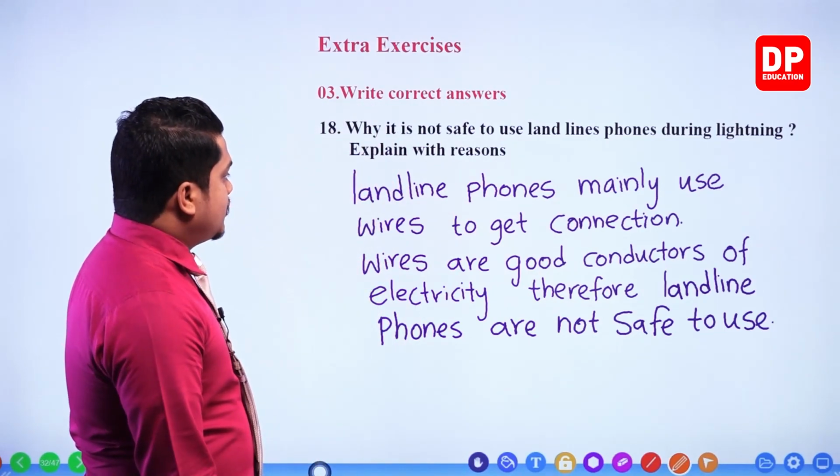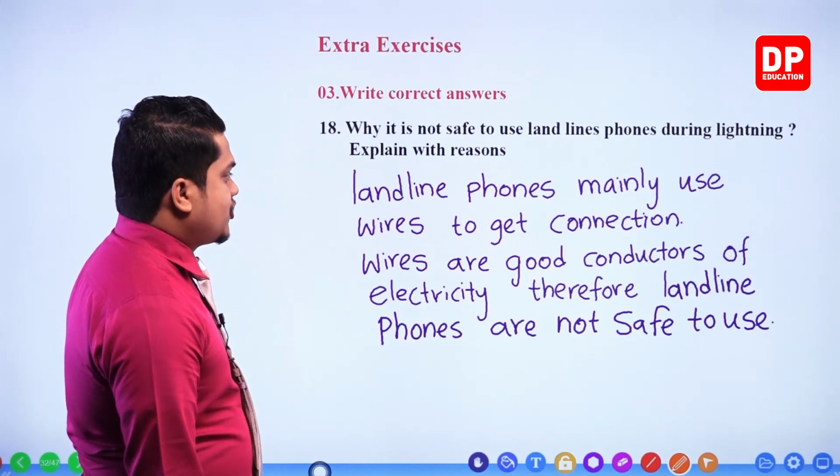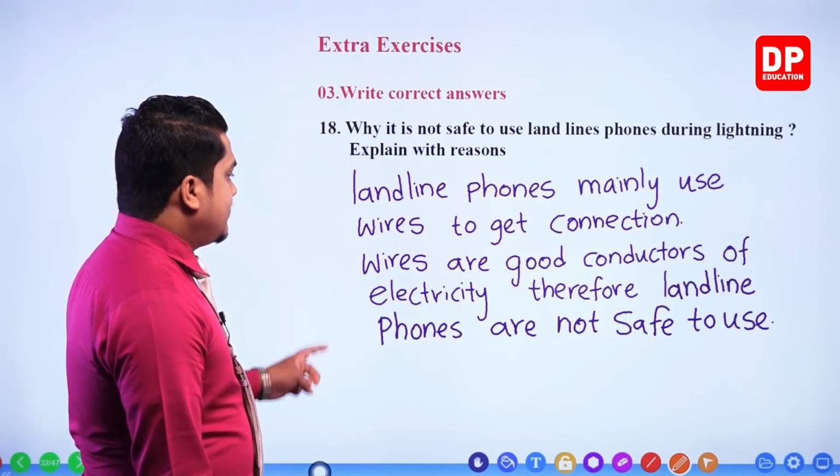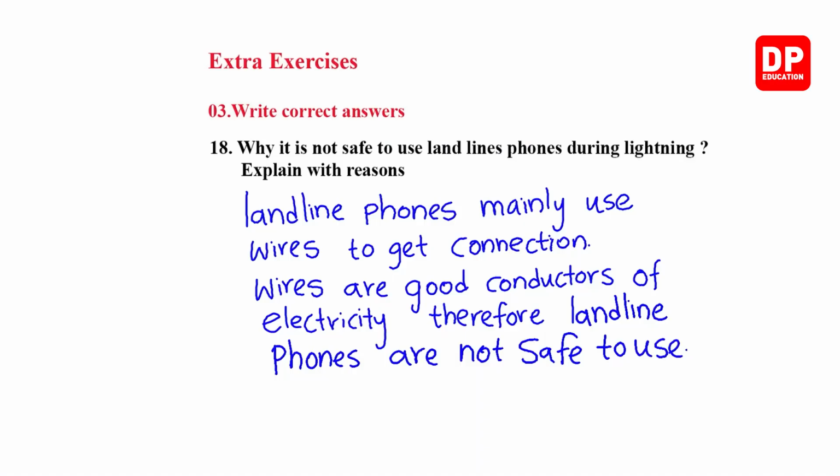Right. So landline phones mainly use wires to get connection. Wires are good conductors of electricity. Therefore, landline phones are not safe to use. Right? So this is the explanation.